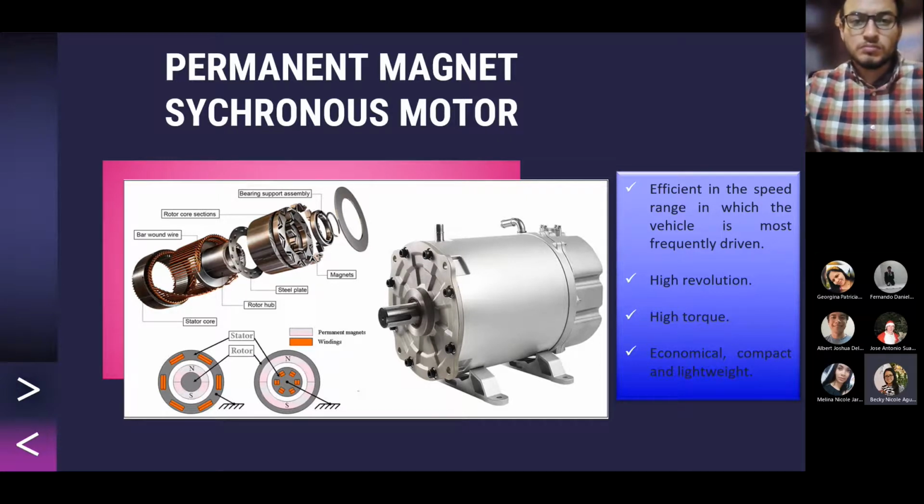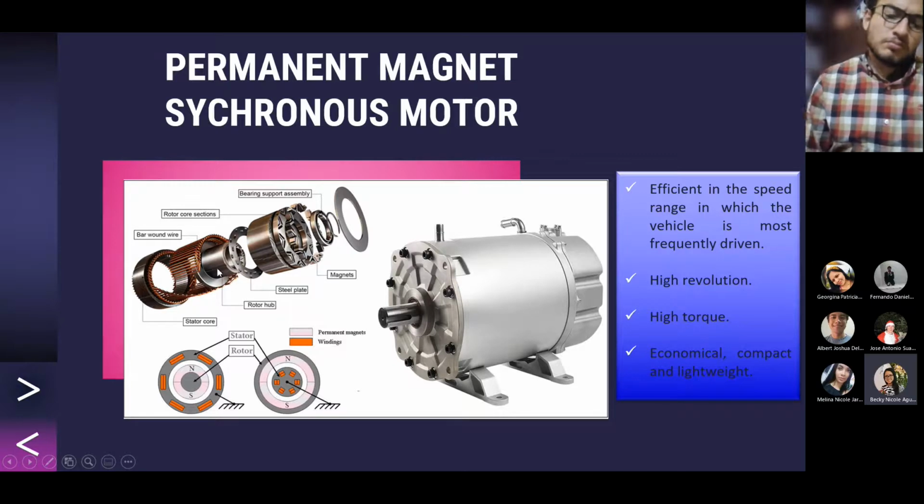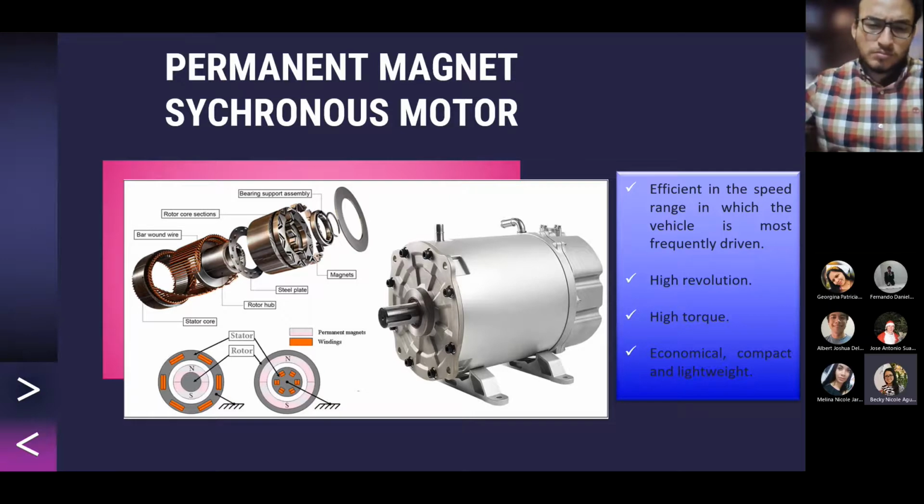They are a rotating electric machine composed of a stator, and this is the stator, the external part, and the rotor is the moving part of the motor, and is inside of the stator. And the rotor can be wound with copper, aluminum, or permanent magnet, which is the most innovative technology. The stator is the external part, as I said, of the motor, and is wound with copper too.